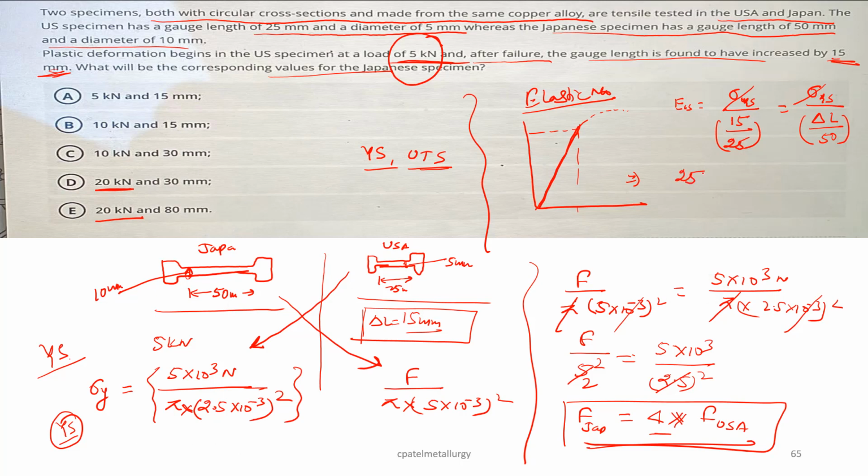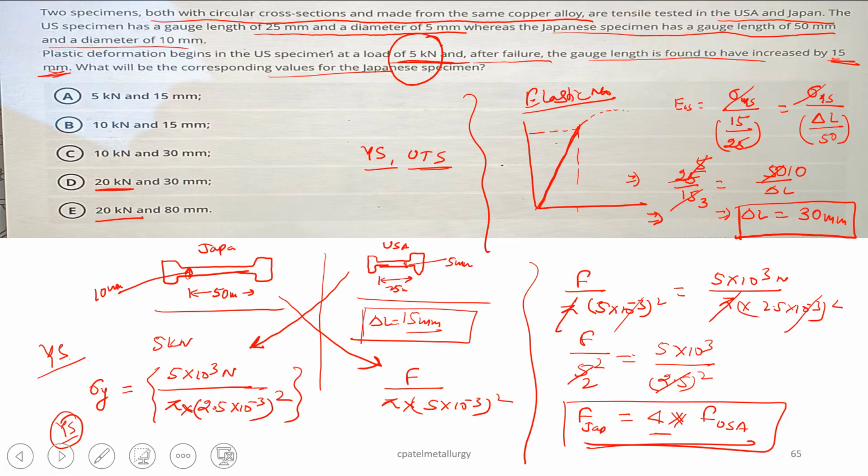So it will be 25 by 15 is equal to 50 by delta L. This implies 3, 5, so this delta L is equal to 30. So the increase in length will be 30 mm.